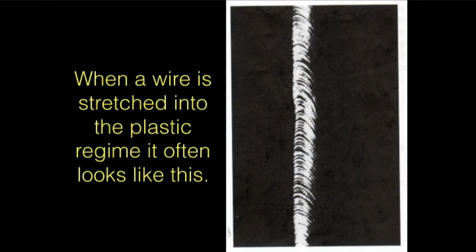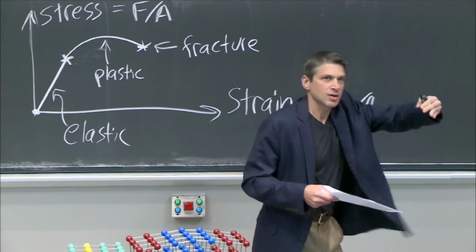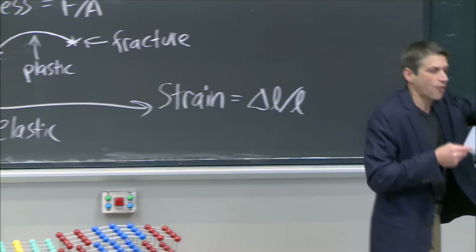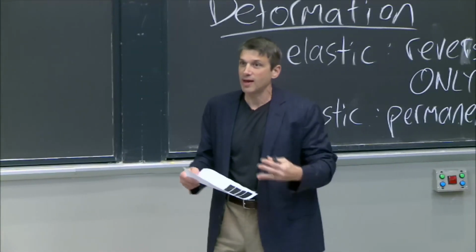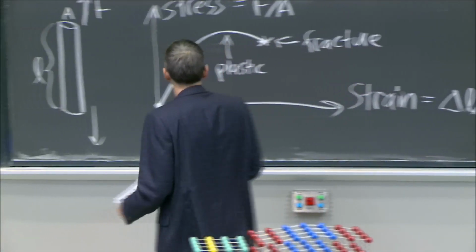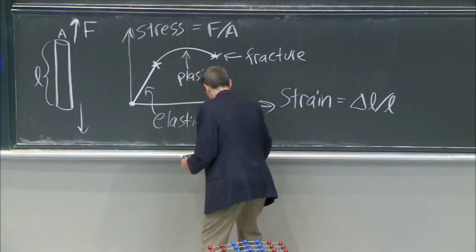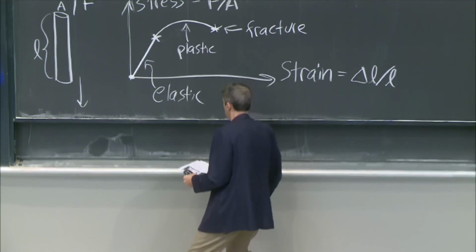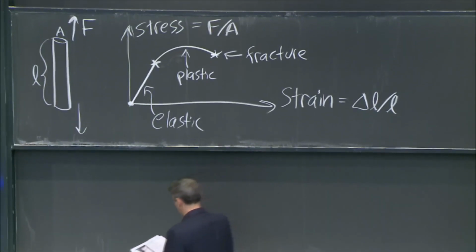It has these very set features that occur. It's not just deforming in any random way. It's deforming in a very specific way. And so what I want to talk about is that way.